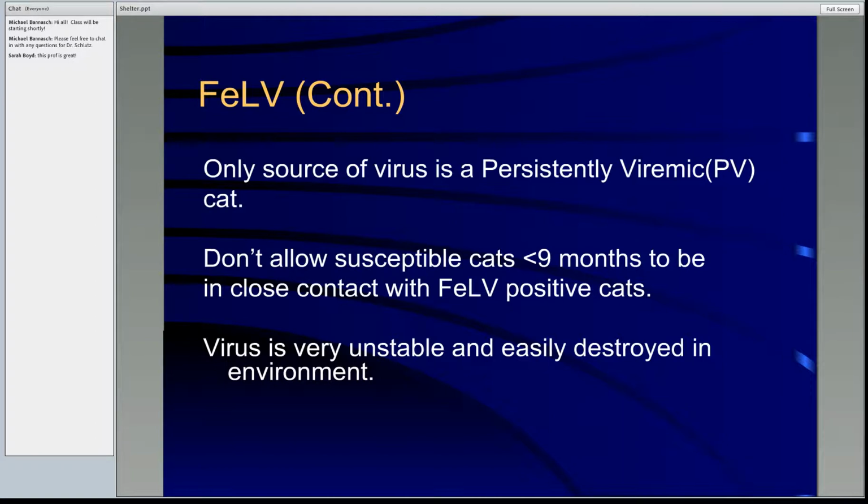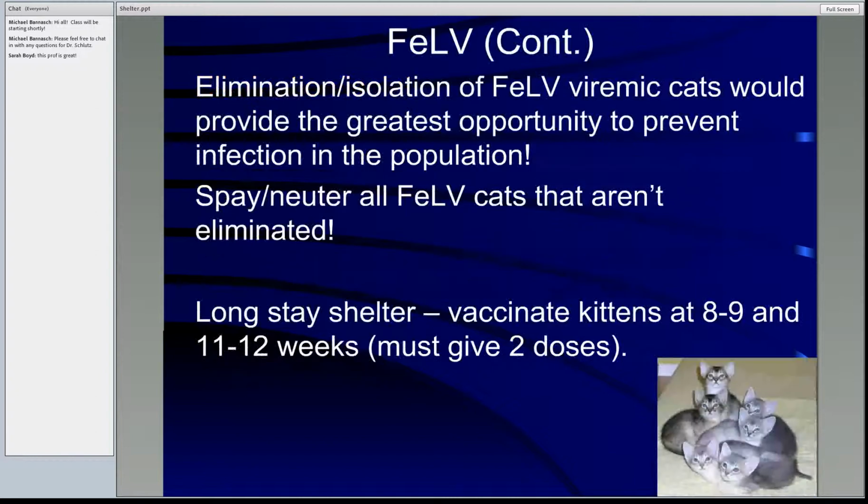It's the persistently viremic cat that spreads FeLV, and it's the infected FIV cat that spreads FIV. So one of the things we have to look at is elimination or isolation of all FeLV persistently viremic cats. That would really be the greatest and most effective way that we could eliminate FeLV from the population.